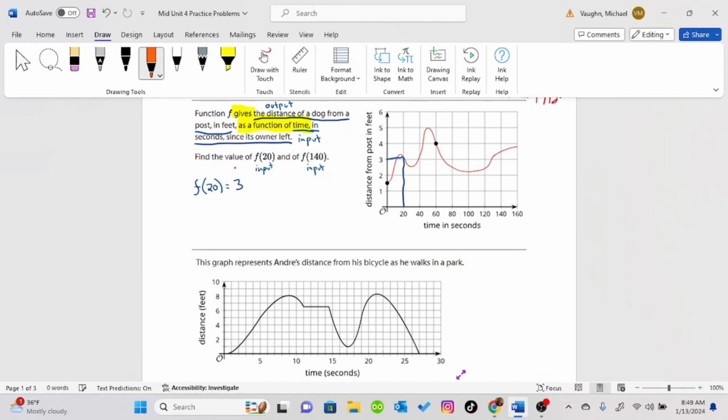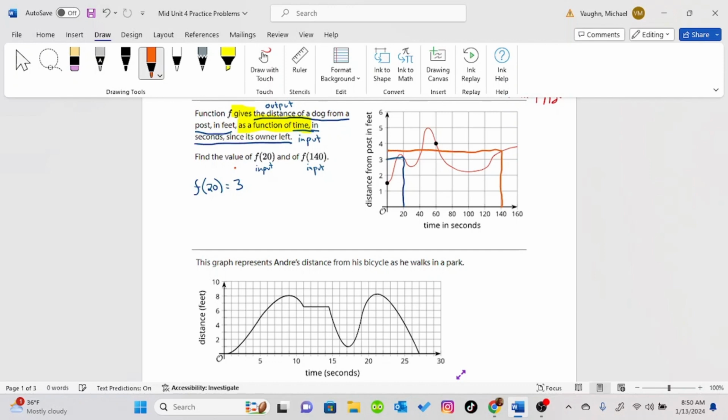Now we want the value of function f at an input of 140. So that represents 140 seconds. We go up until we hit the graph, and then we look left to see what that y value is.